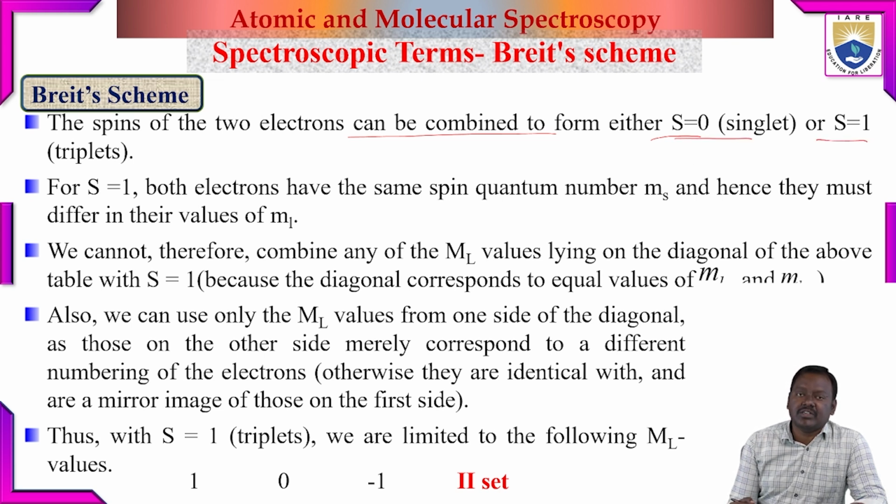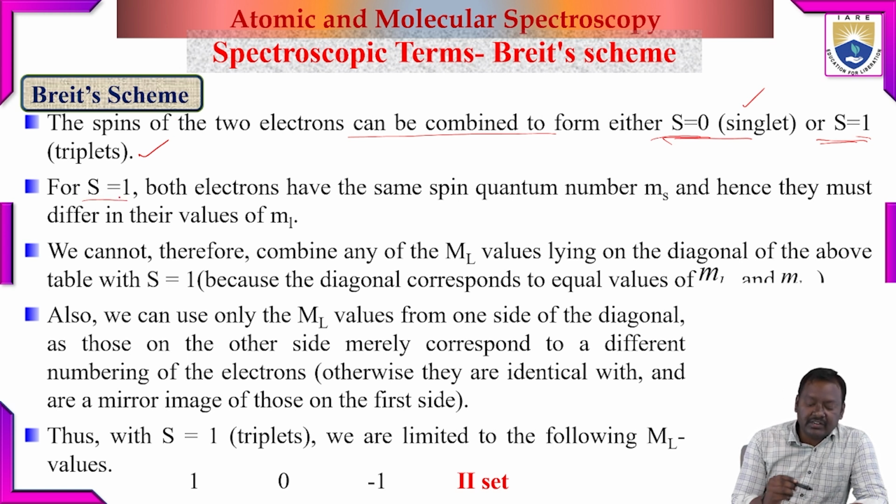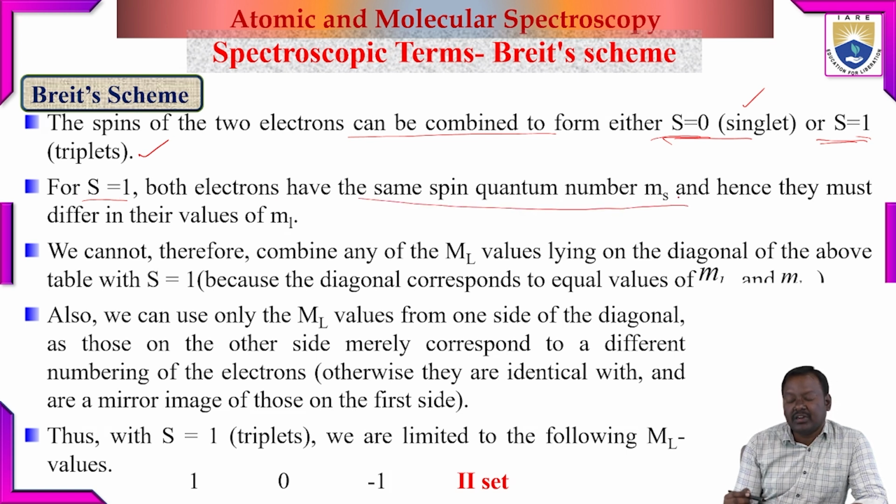Any possible combination gives two values, either s equal to 0 or s equal to 1. That means s equal to 0 means singlet and s equal to 1 means triplet. So as we discussed in the earlier slide, for s equal to 1, both the electrons have the same spin quantum number ms.